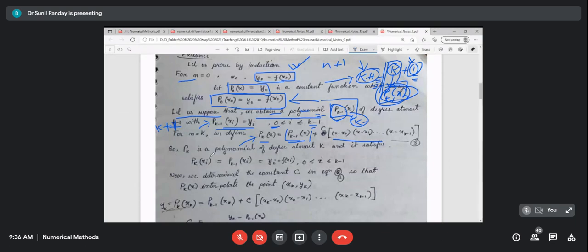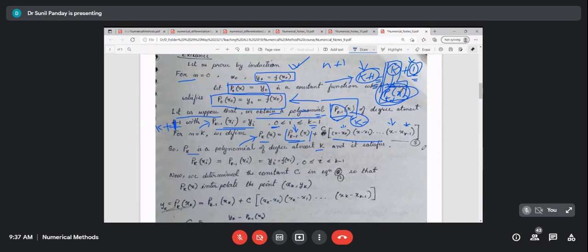We see that p_k is a polynomial of degree at most k, because this product, taken from x0 to x_{k-1}, has k factors, which means x is multiplied k times. So p_k(x) is a polynomial of degree at most k: p_{k-1} is a degree k minus 1 polynomial, and if c is not 0, then it becomes a degree k polynomial, and if c is 0 somehow, then it remains a degree k minus 1 polynomial.